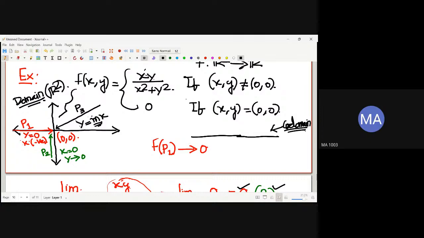So maybe by considering all the lines, if you can show that the limit depends on this m, then you can say that the limit doesn't exist. But if you get some fixed limit for all the lines, from there you cannot conclude anything.